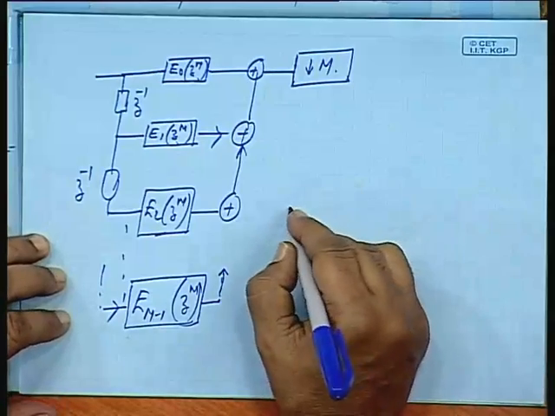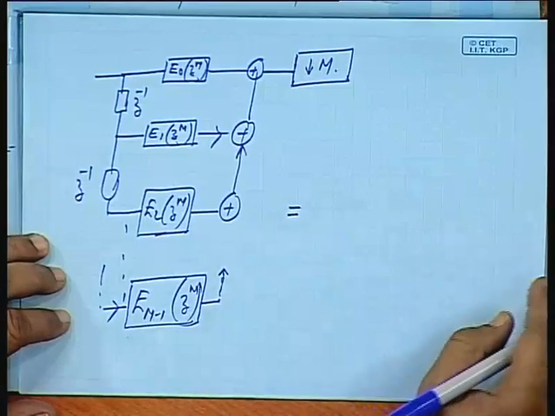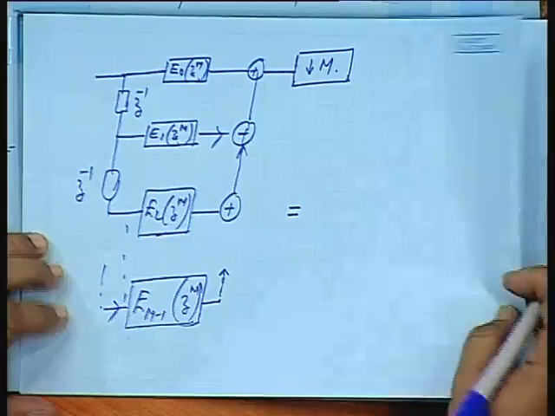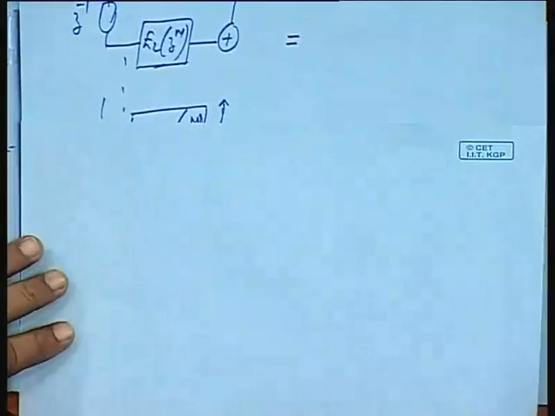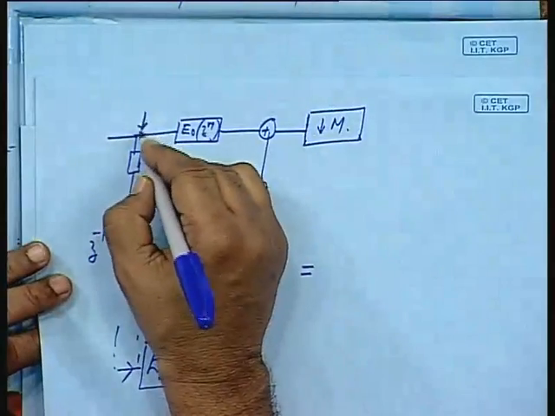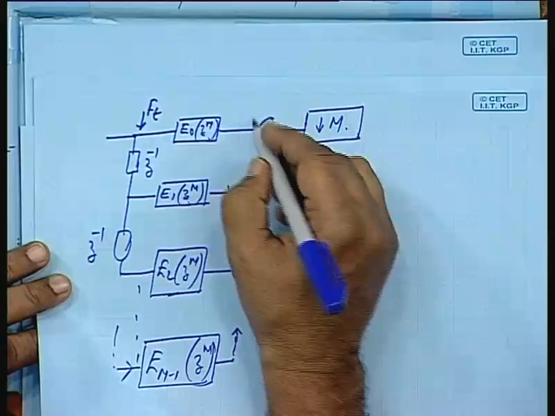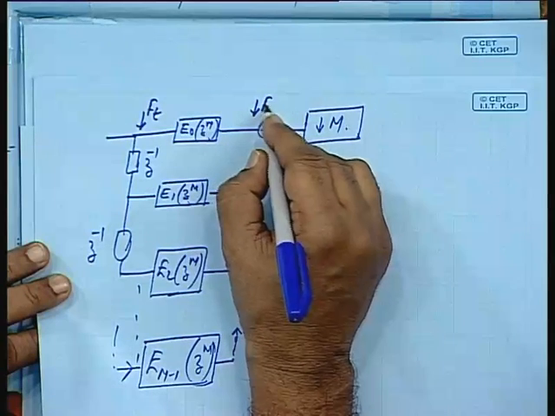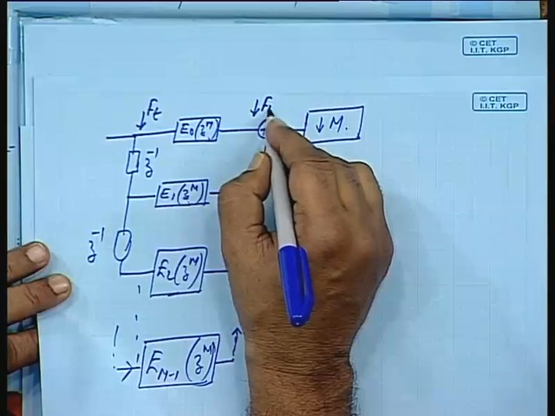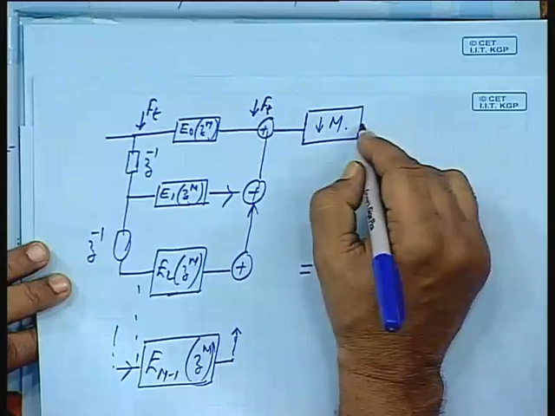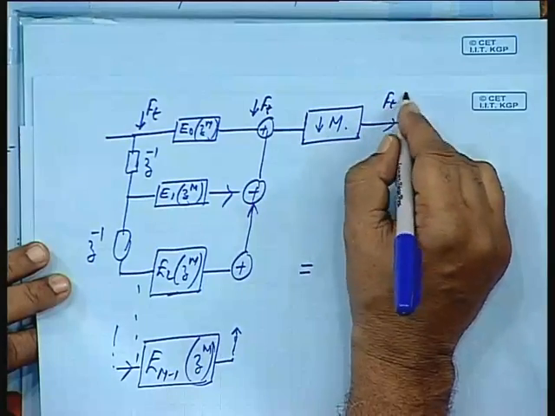So, this will be equal to, okay, I will take this page. This will be equal to, what was the frequency here, Ft, and this is also Ft. Okay. The frequency here is Ft by m.